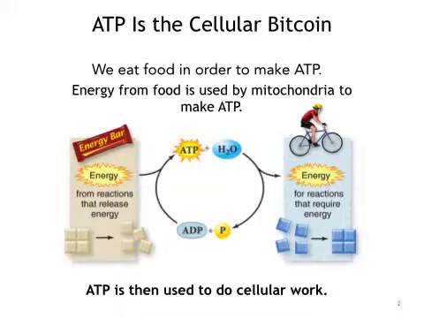So again, the moving, that guy riding a bike, that energy that he's actually using to move comes from ATP. Remember, it's the cellular Bitcoin or the currency of the cell. So anytime your cells need to do work, you have to present them with ATP, right? You can't give them, for example, another currency like glucose and ask them to do work. So your muscle cells can only use ATP to do work.